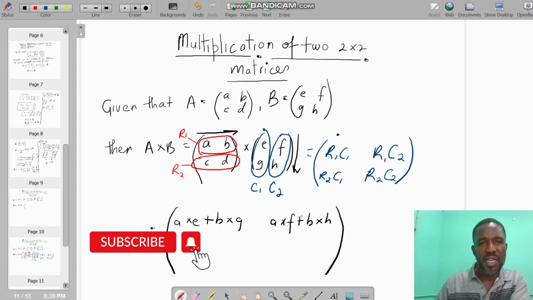Then the third element must be row 2 column 1.